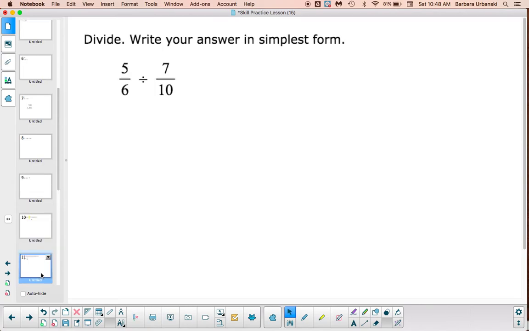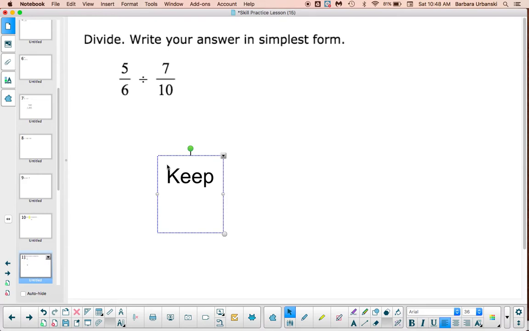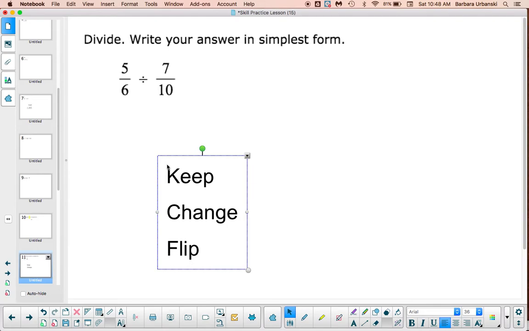Divide. Write your answer in simplest form. I'm going to give you a little hint because some of you maybe did this last year. If you didn't, it's okay. They maybe said keep, change, and flip.